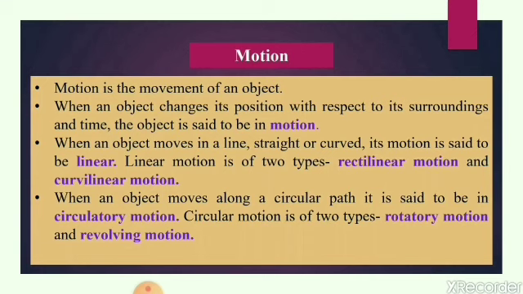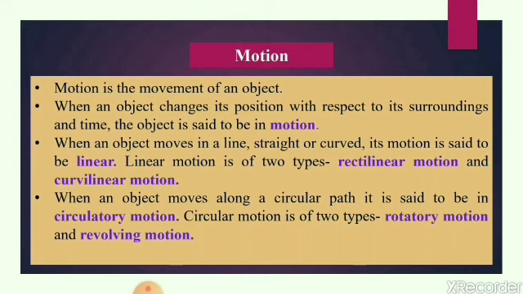An object is said to be in motion when its position changes with respect to its surrounding and time. As for example, when the position of a car or bike or any vehicle changes with time, then we say that vehicle is in motion.